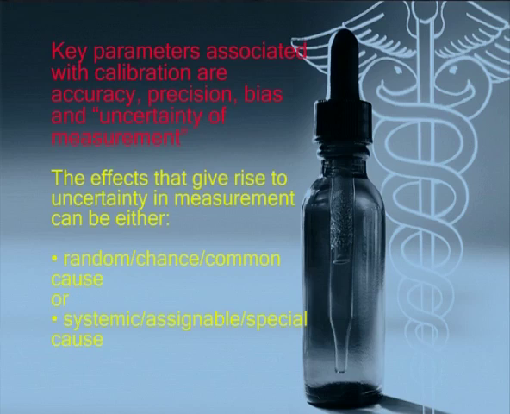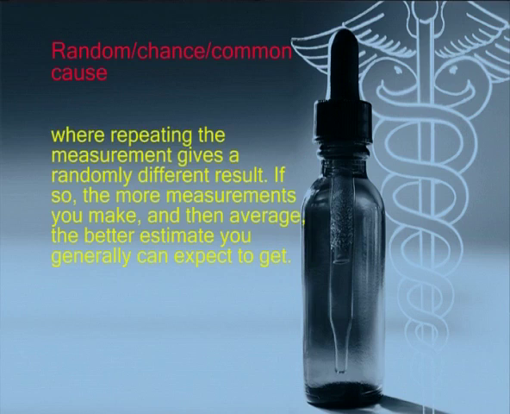Whenever we talk about calibration, key parameters associated with calibration are accuracy, precision, bias, and uncertainty of measurement. The effects that give rise to uncertainty in measurement can be either random or chance or common cause, where repeating the measurement gives a randomly different result.